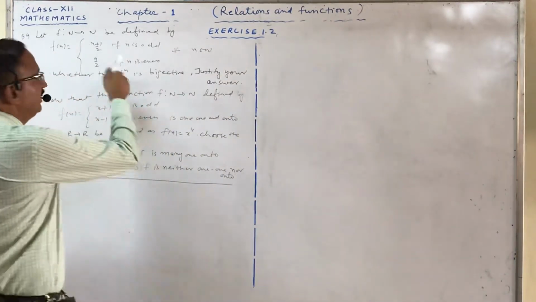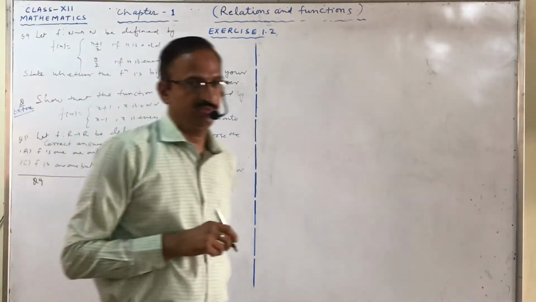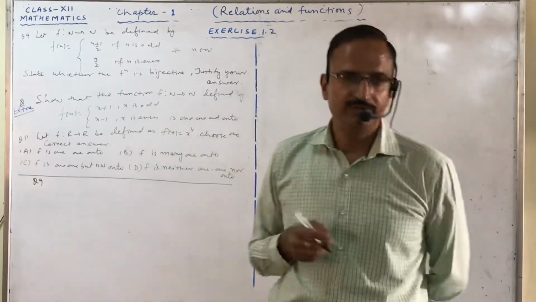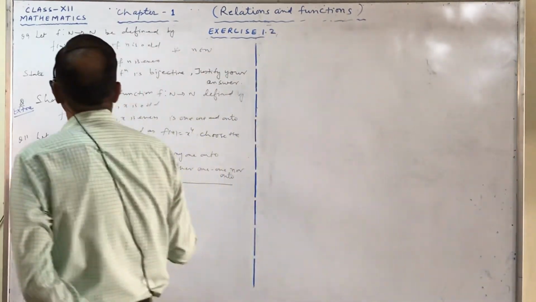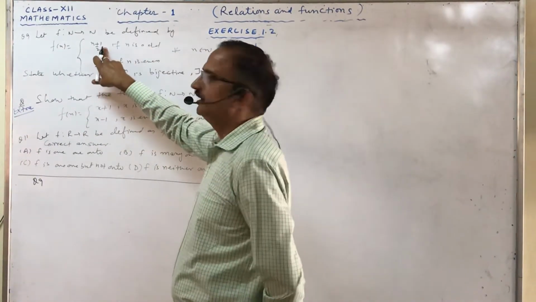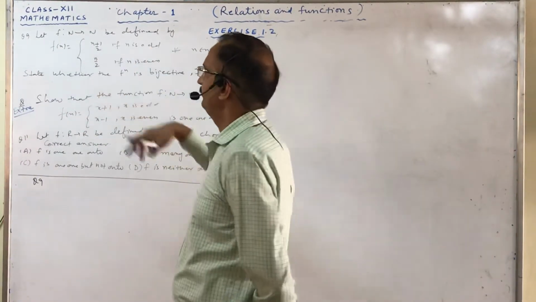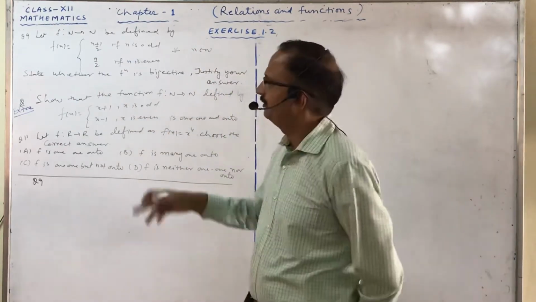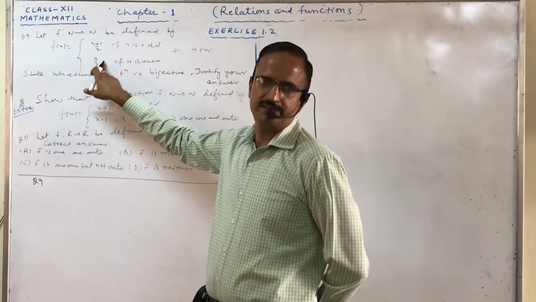Okay, and what is n? n is natural number. So we will consider two different natural numbers. Suppose 1. 1 is odd number, so we will put 1 in this function. And if we consider 2, 2 is even, we will put 2 in the other function.